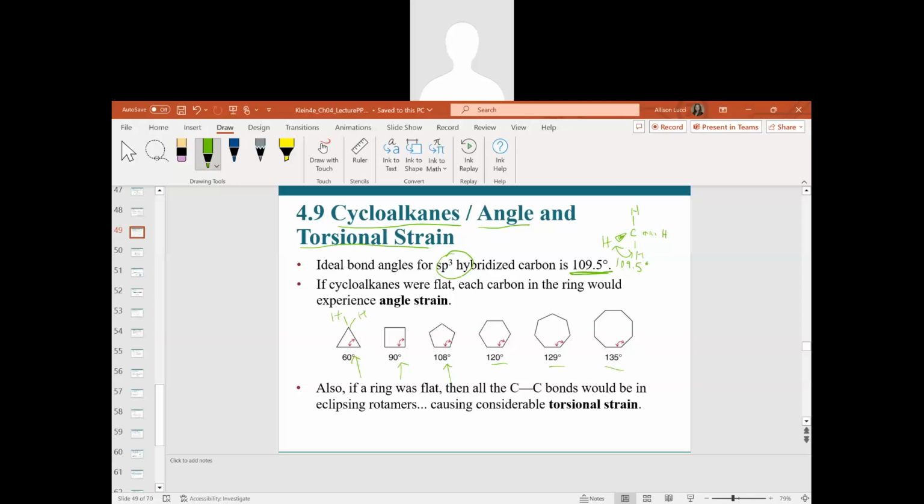So these are not near their ideal angles, and if these cycloalkanes remained flat, like we see in these images, they would also experience this angle strain that I just mentioned, due to not being near that 109.5. So this angle strain will be released by the structure folding up or taking different conformations three-dimensionally.